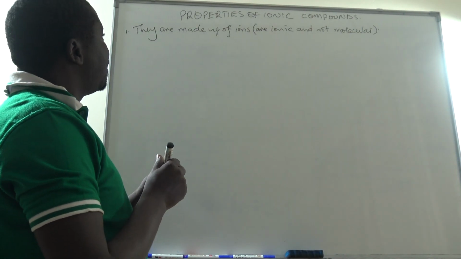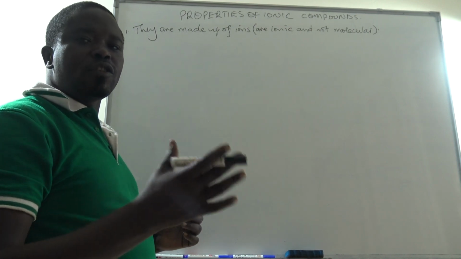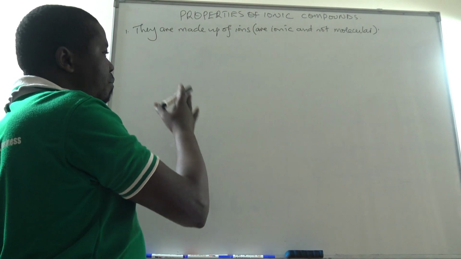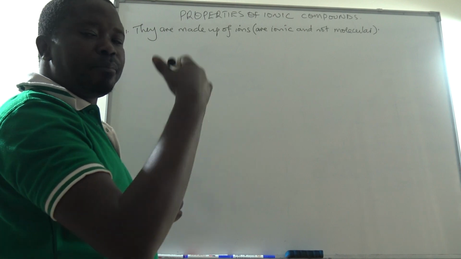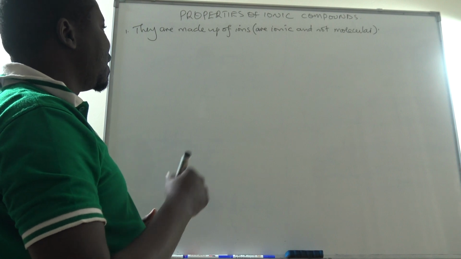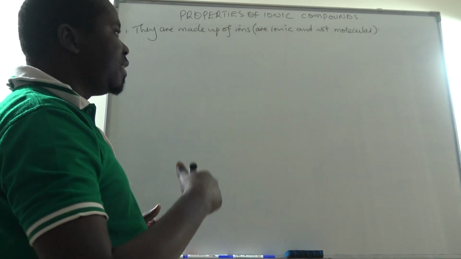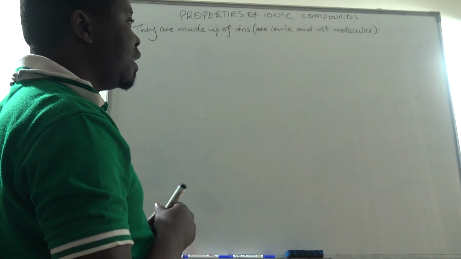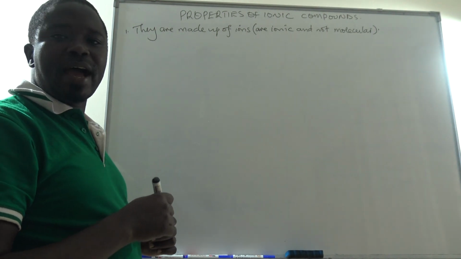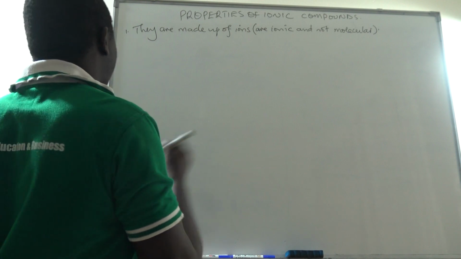Remember, we said that with these ionic compounds, firstly, there is the formation of oppositely charged ions, whereby the metal atom forms a positive ion by losing electrons completely from its outermost shell, and the non-metal atom becomes negatively charged. It forms a negative ion by gaining electrons to fill the outermost shell. So in an ionic compound, we have got ions. That's why we say that they are ionic and not molecular. They're not made up of molecules, but ions.